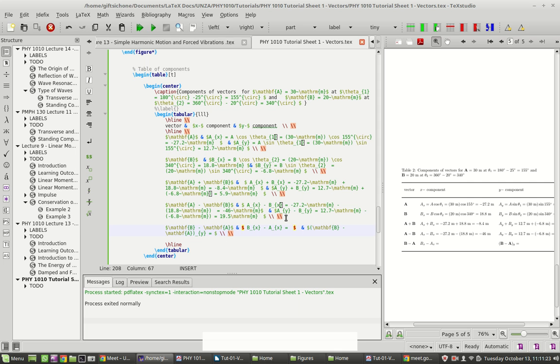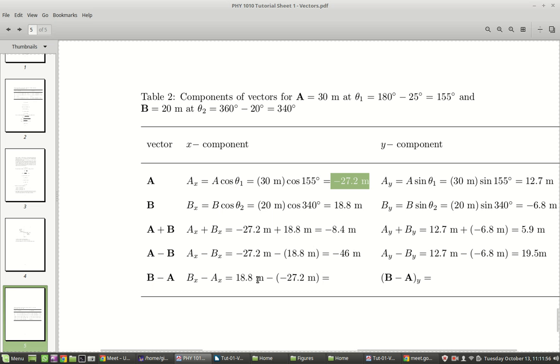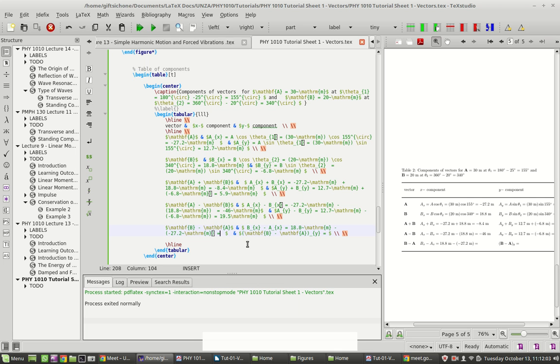So we write those there. 18.8 meters minus minus 27.2. How much is that? 46 meters.